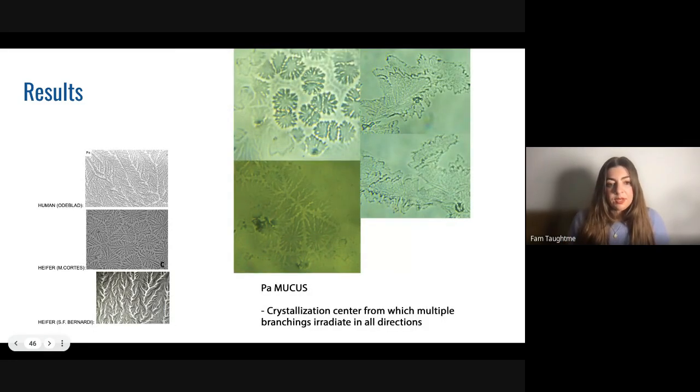The PA mucus, I also seem to find really strongly in this one particular sample on the bottom right. Comparing it to this heifer sample from M. Cortez, these look remarkably similar. So I thought that was really fascinating as well.